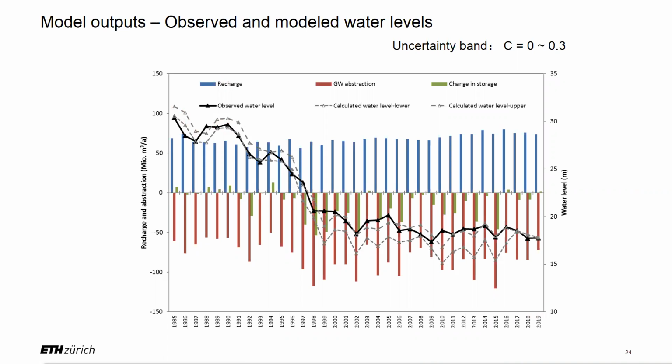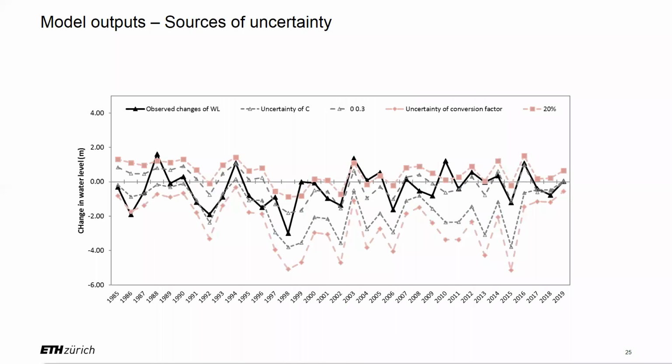So after analyzing this fitting to observation, we can also look at the source of uncertainty. The source we introduced in the previous slide is the uncertainty in C value, which is the ratio of deep water and shallow water. We also compared the uncertainty from the conversion factor that is calculated using the equation to determine the historical conversion factor.